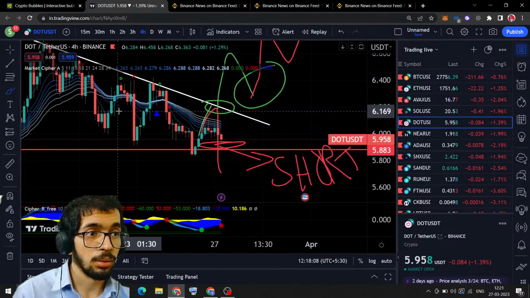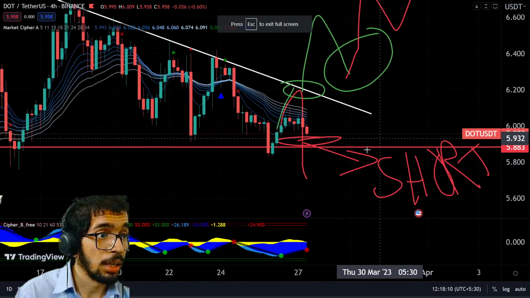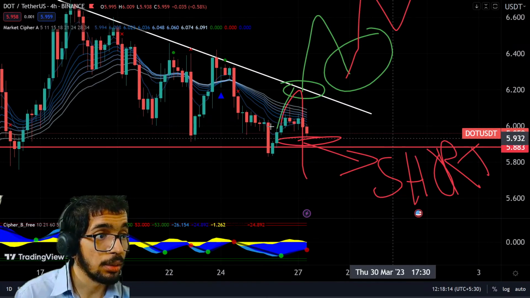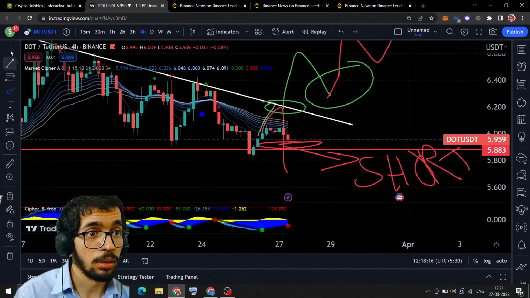So on the DOT chart, let me remove all this.